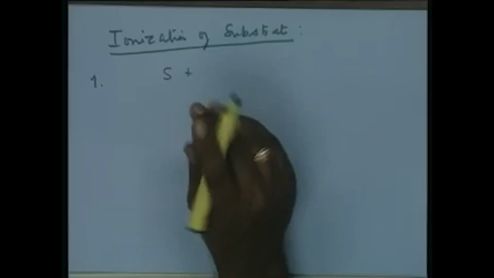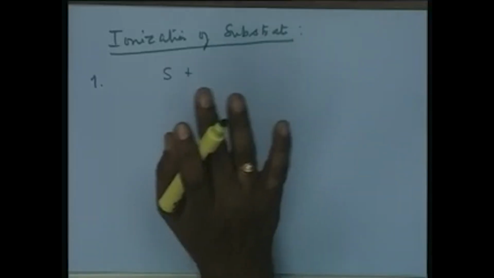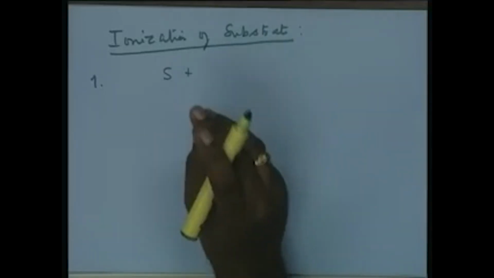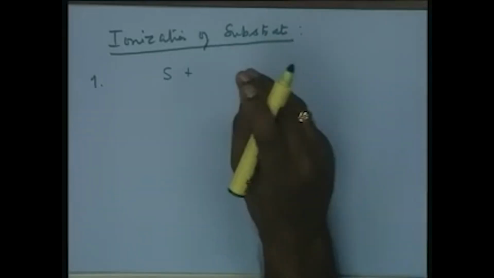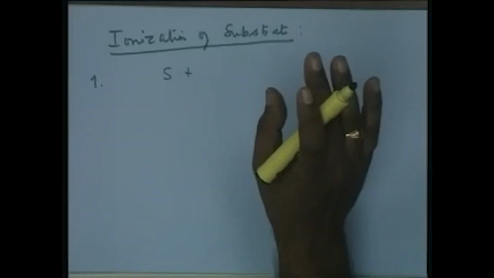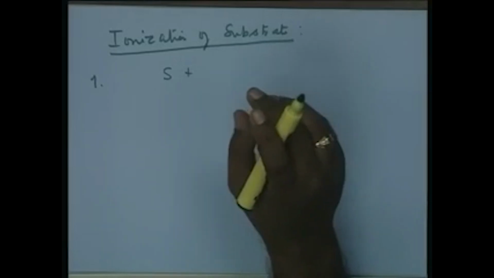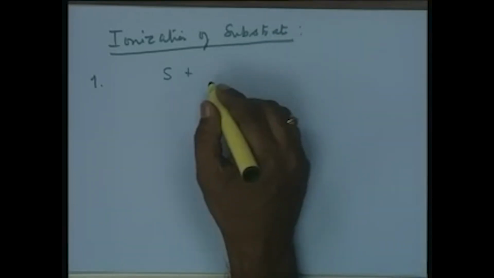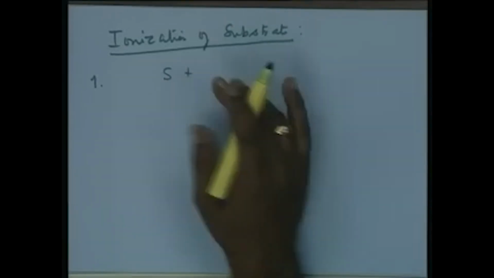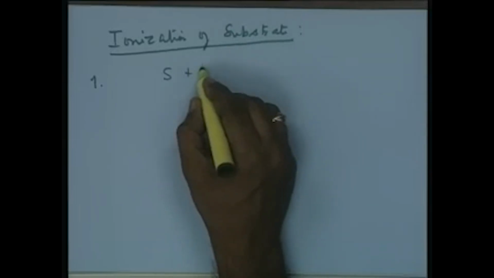But just to consider two simple model cases, let us consider a substrate which in its unionized form is able to bind to the enzyme for catalytic function, because the substrate itself is not catalytically active, it is only the enzyme which is the catalytically active component.